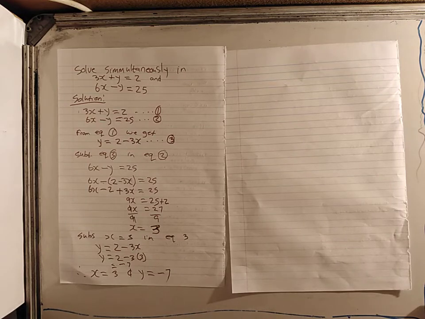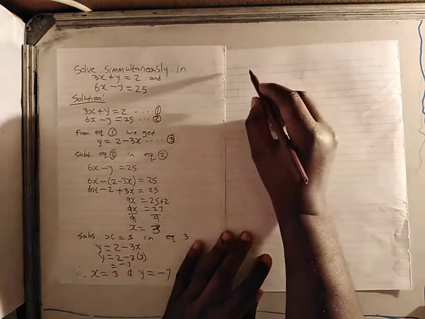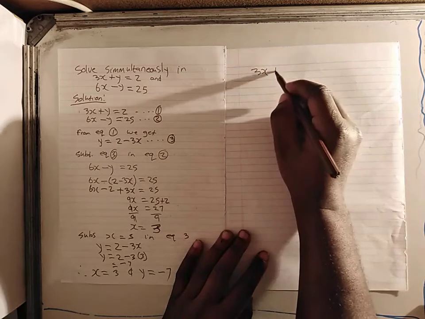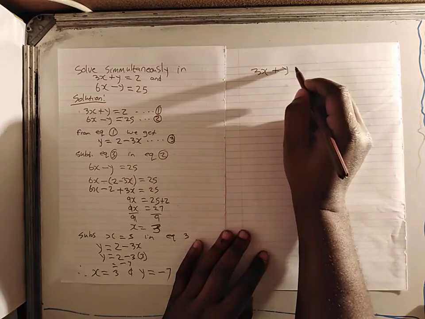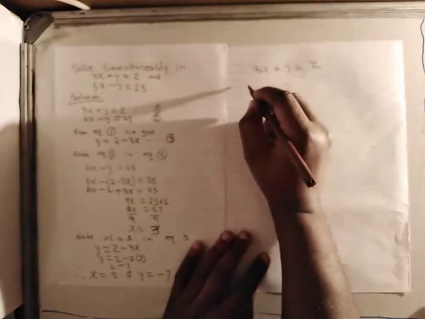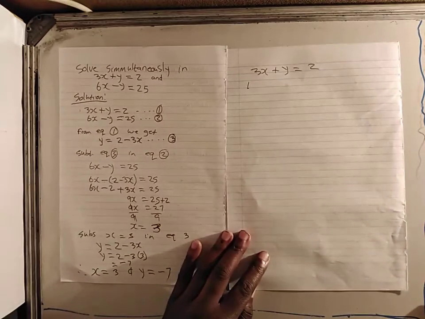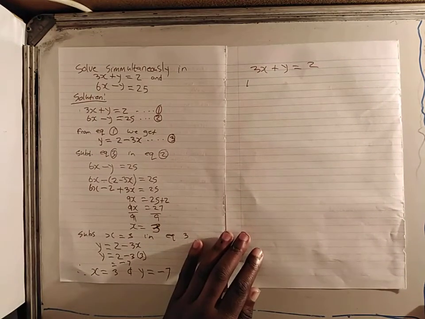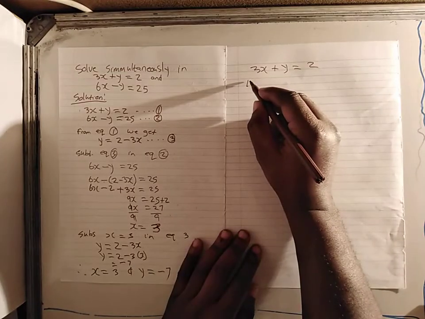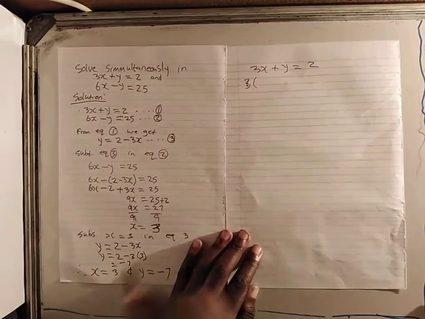So what we're going to do is take the first equation. The first equation is 3x plus y, which is equal to 2. Let's substitute in the same way as we did earlier. We will say 3, and the value of x is 3, right?